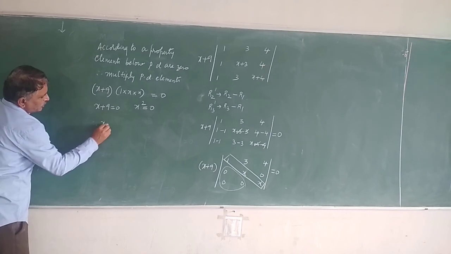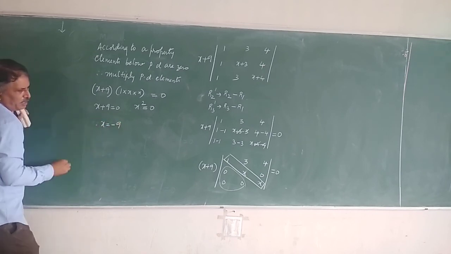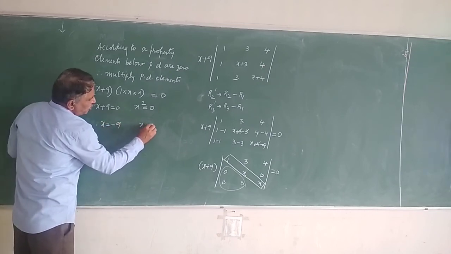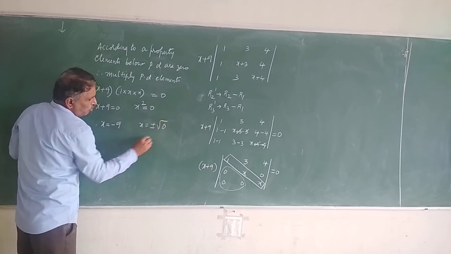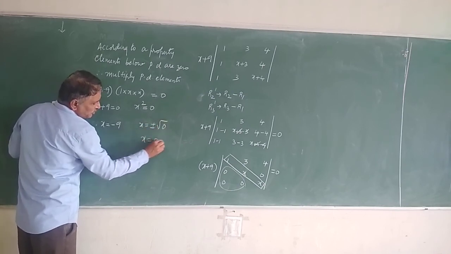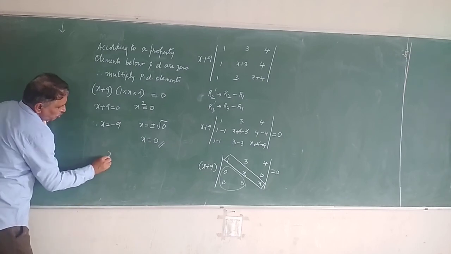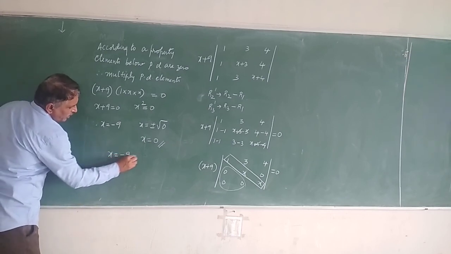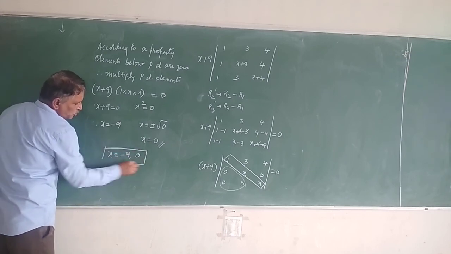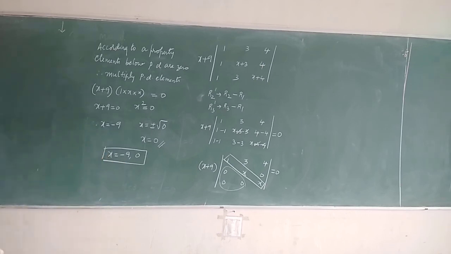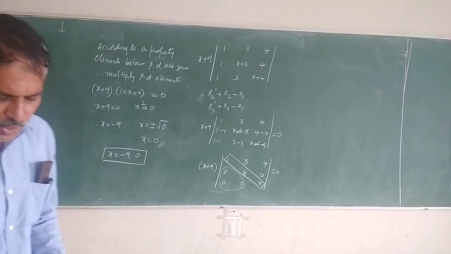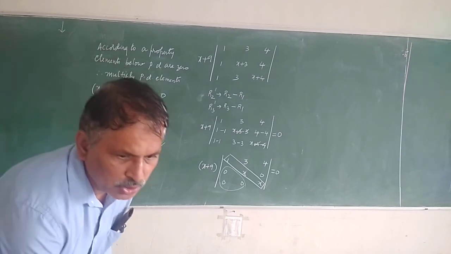Therefore, x is equal to minus 9, and x square equal to 0 gives x equal to 0. So we got x equal to minus 9 as well as 0. These are the two solutions.